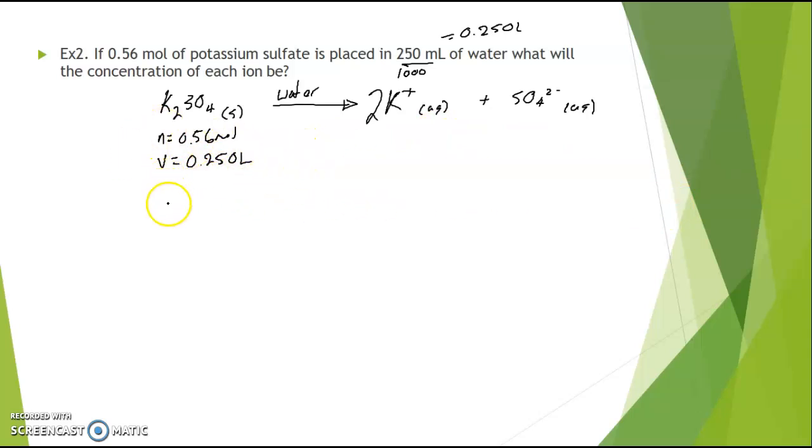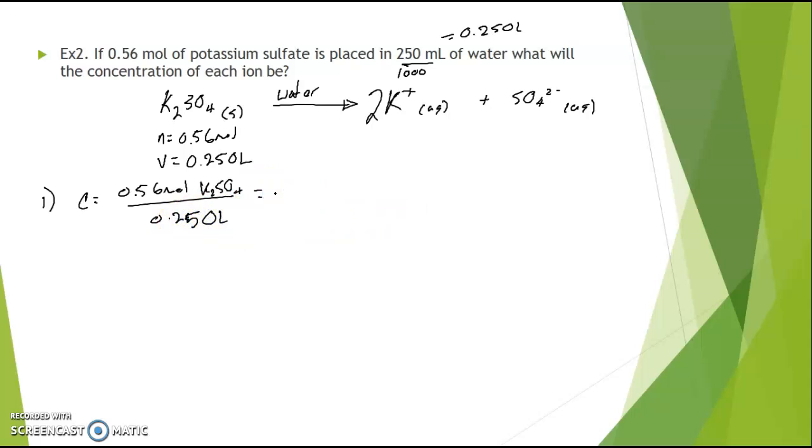Now, we need to calculate concentration from this. So there's 2 ways we can do this. You can either do step by step, which I'll show you first, or I'll do unit analysis for the second one. So for our first step, we have n and V, so we can calculate our concentration. We have 0.56 moles of K2SO4 for every 0.25 liters.